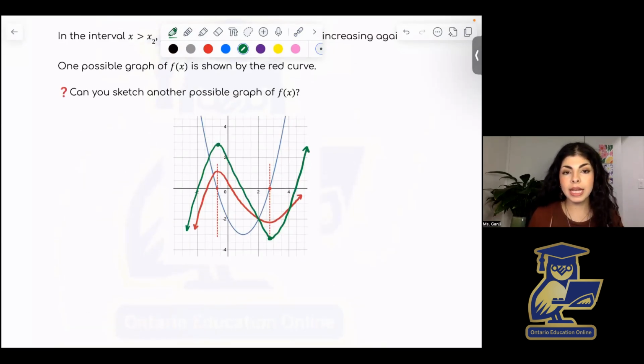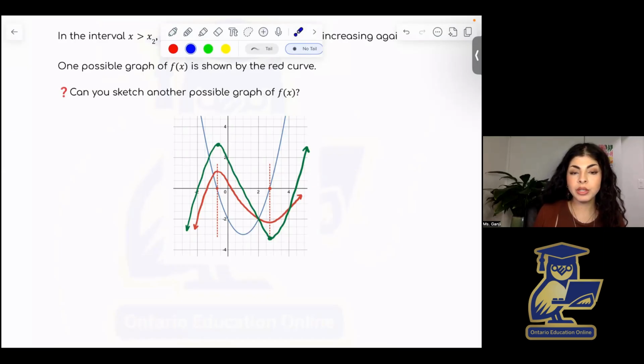And I hope you can see that based on that information, you can draw pretty much an unlimited amount of functions that will satisfy these conditions. So you pick any that you want to draw. As long as you're following the critical points as well as the increasing and decreasing parts of the derivative function, then both of these curves are satisfying my derivative function curve.